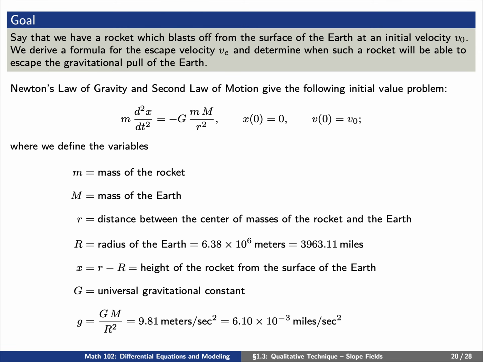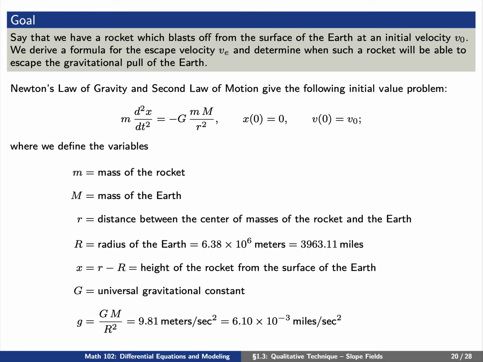We're going to use Newton's law of gravity and Newton's second law of motion to give the following initial value problem. Here we have mass times acceleration equals the force due to gravity. And we want to make sure that we are starting off from the surface of the Earth, so x of 0 should be 0, and we'll have some initial velocity v of 0 equals v0. You can see here on your screen various quantities that we'll define, but we won't really need both of these.